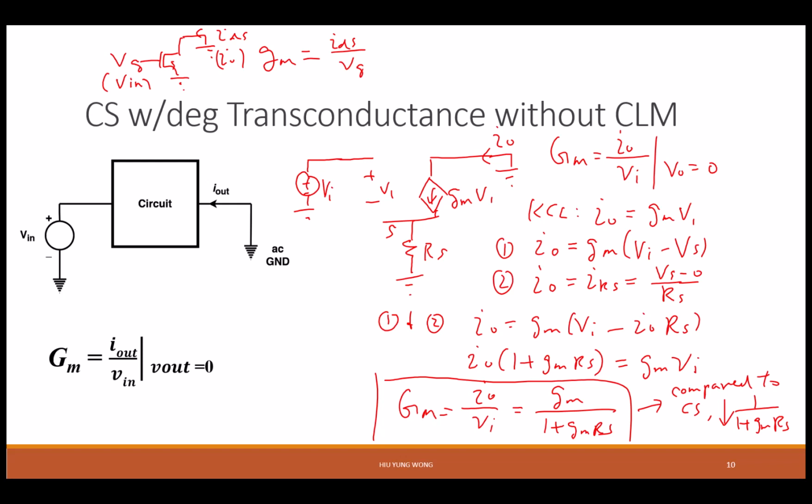So if that is the case, how should we solve that for a common source with degeneration? First thing, draw the small signal again. And I say there's no channel length modulation, I'm done. Plus V1, Gm V1.